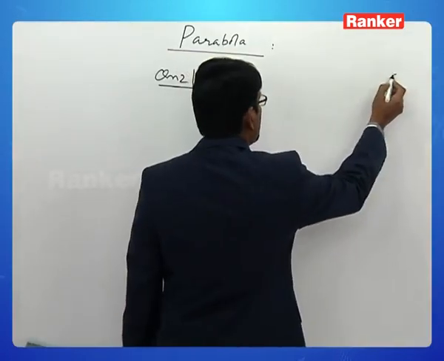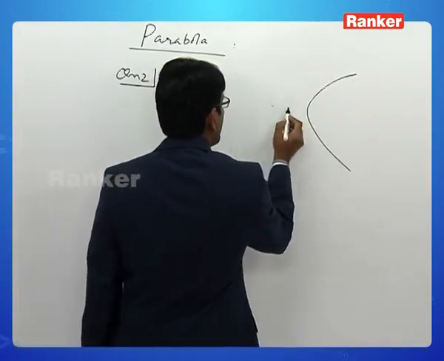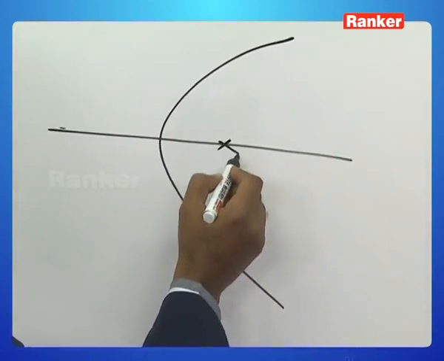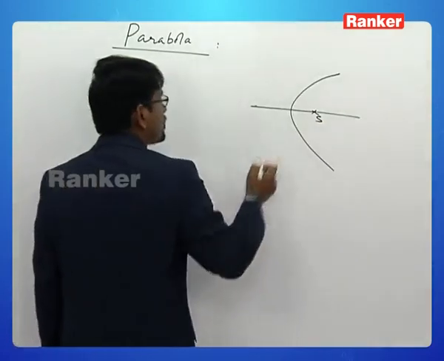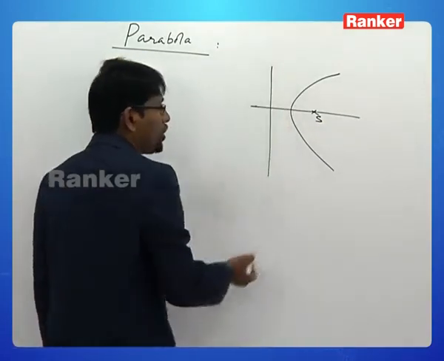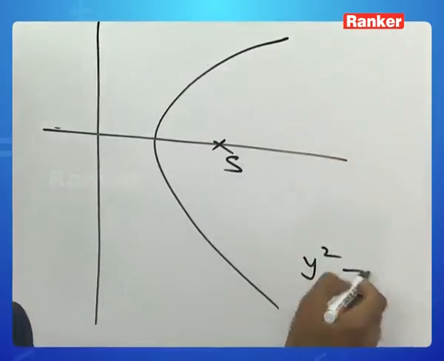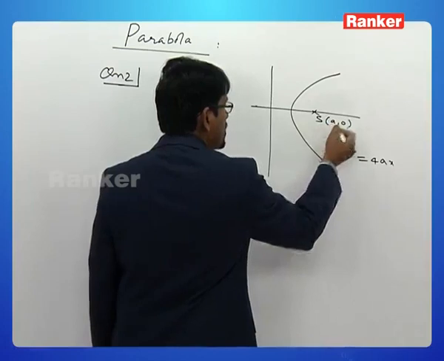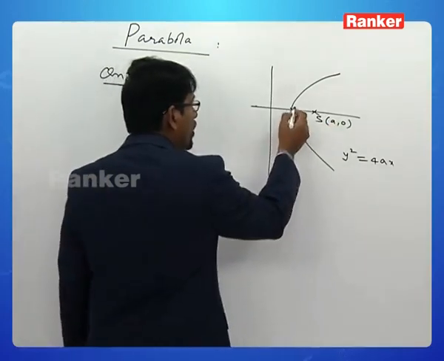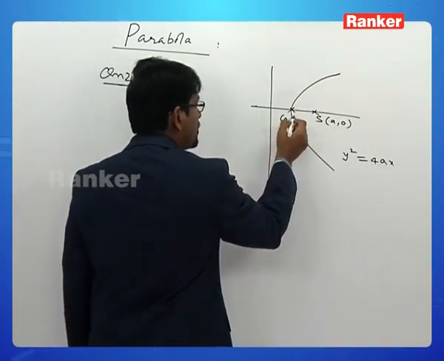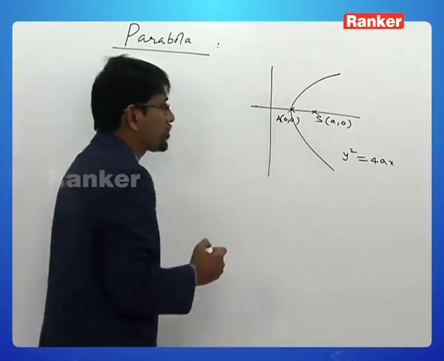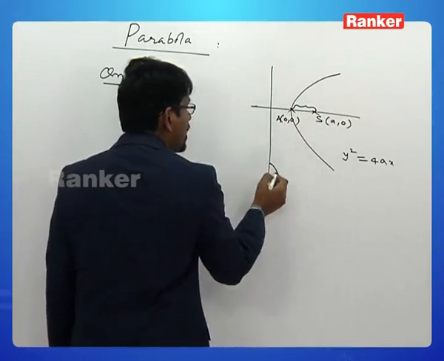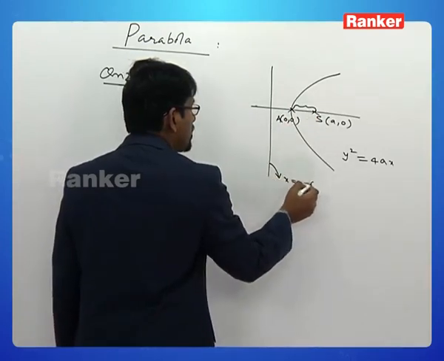You have the vertex and focus. For a standard parabola, y square equal to 4ax, the origin is the vertex, (a, 0) is the focus, this length is a, and x equal to minus a is the directrix.